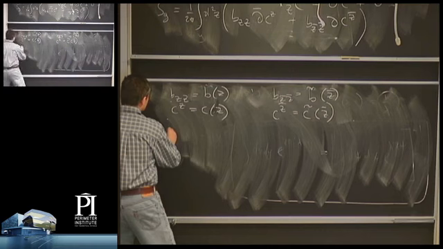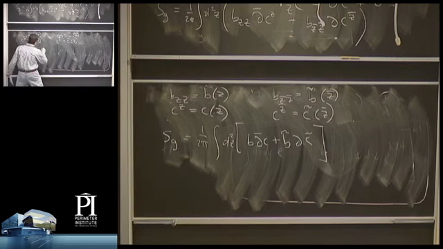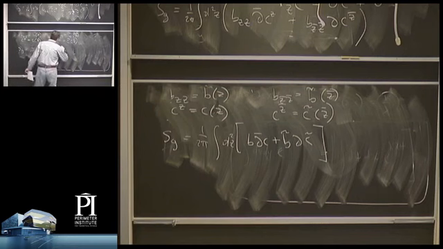And so this is just the ghost action, b del bar c plus b tilde del c. Okay, so this is just a BC system.